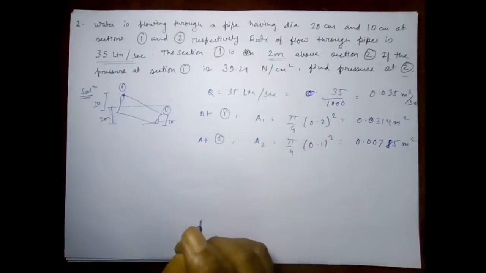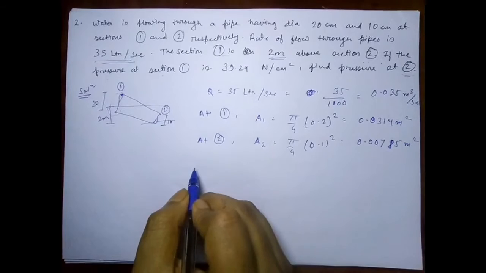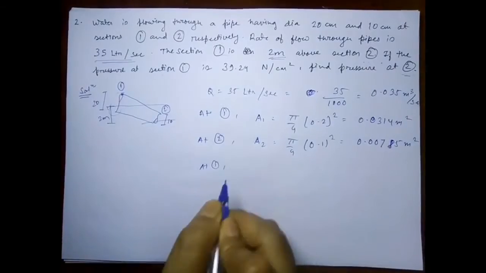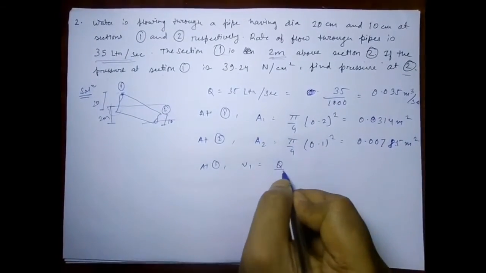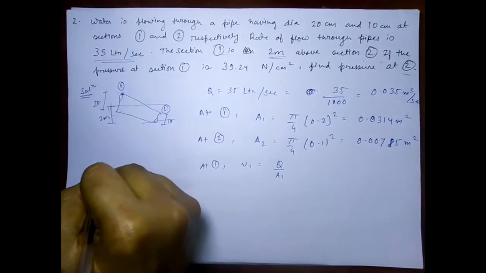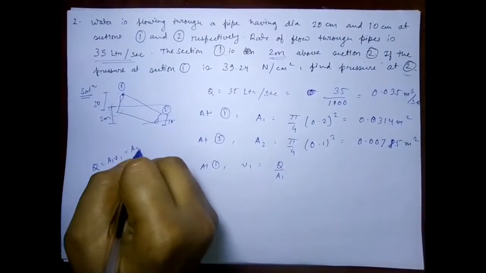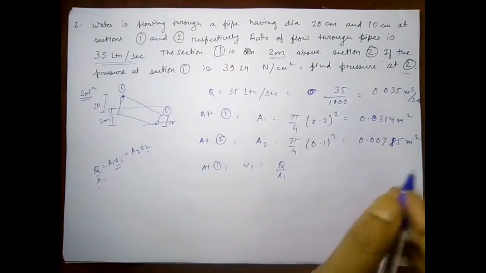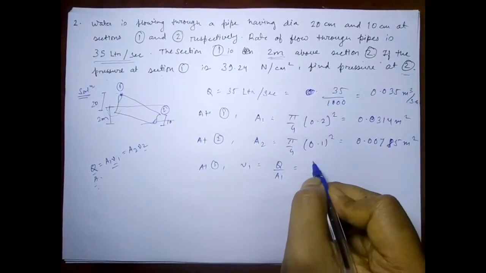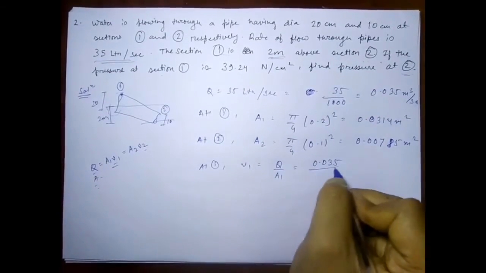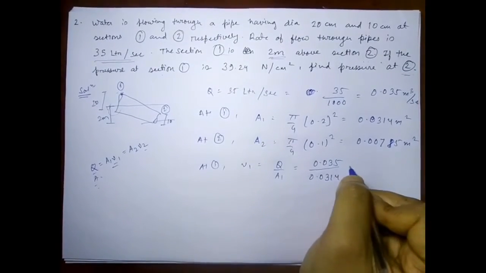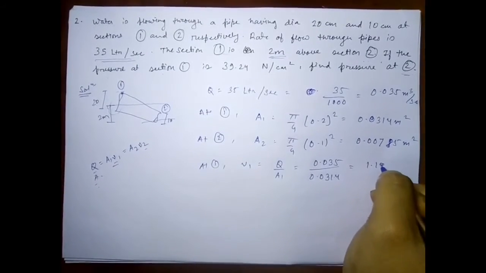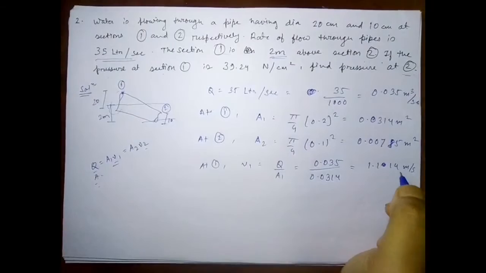and therefore I can now get the velocity. At 1, v1 is equal to Q by A1, because we all know that Q is equal to A1 v1 equal to A2 v2. So I can get v1 by Q upon A1 and v2 as Q upon A2. So v1 is equal to Q upon A1, that is equal to 0.035 upon 0.0314, and that is equal to v1 will be equal to 1.114 meter per second.